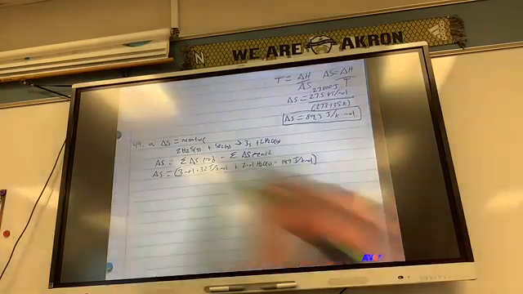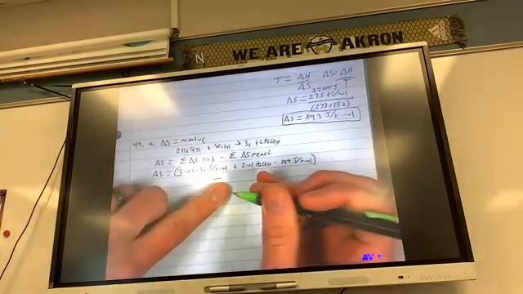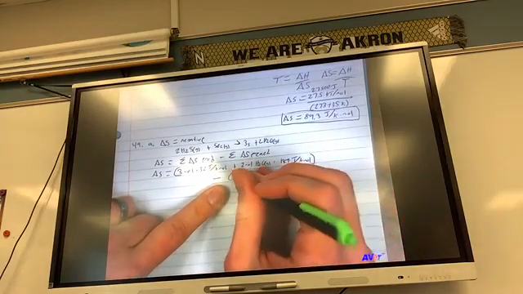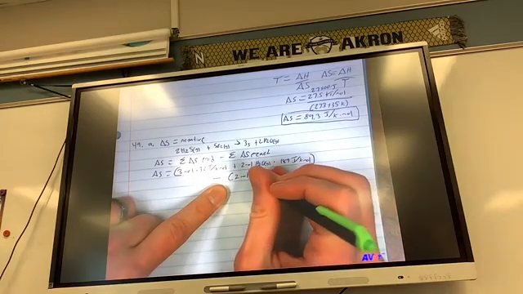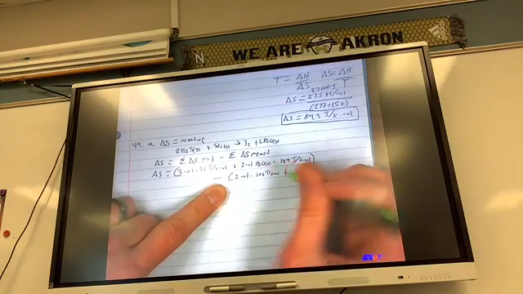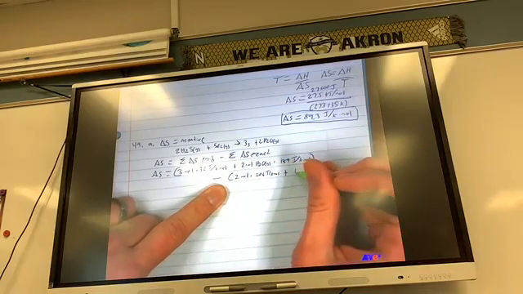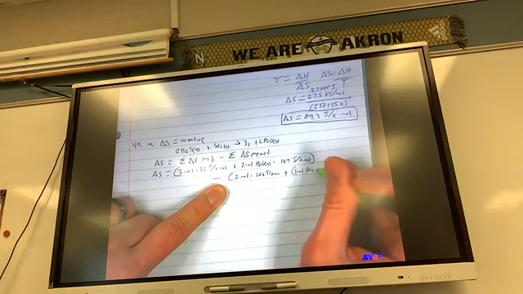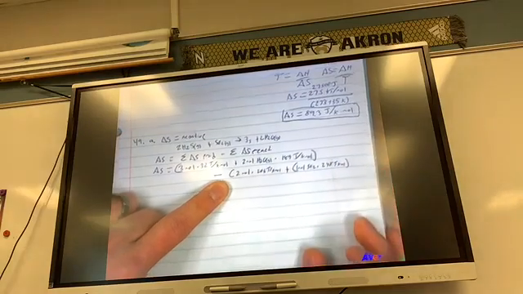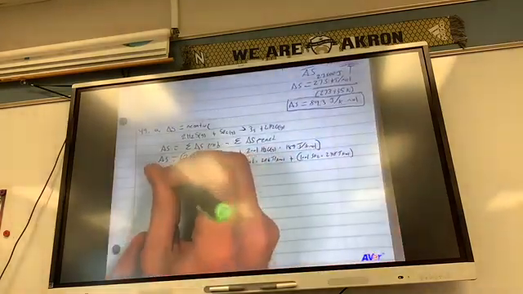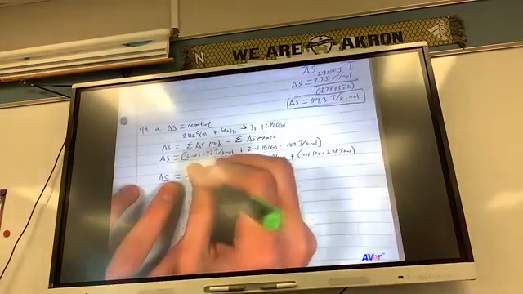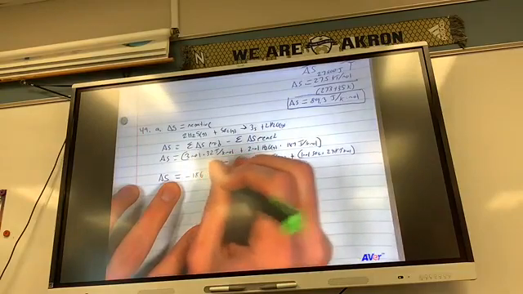I would add those up, and then subtract my reactants, which are 2 moles of H2S times 206 joules per Kelvin mole, plus 1 mole of SO2 times 248 joules per Kelvin mole. I would add all that up, subtract, and the delta S that I got was negative 186 joules per Kelvin.